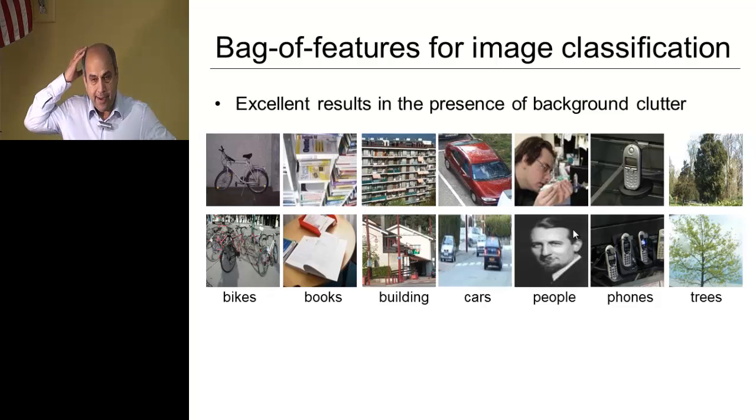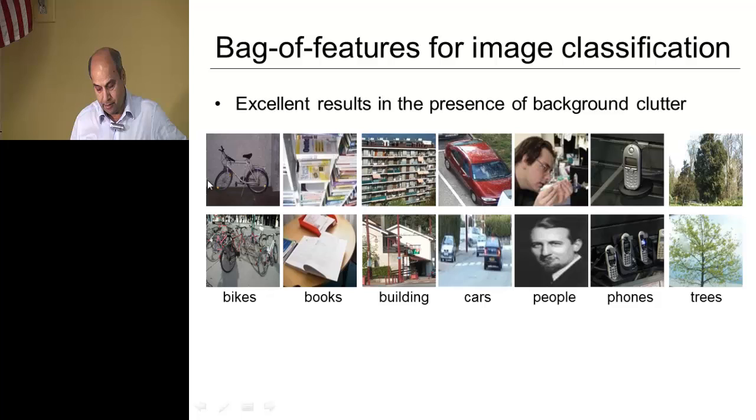Okay, so I think then we are done. We have all the pieces. We have the words, which we got from the interest binary descriptor. We did the clustering, and these are the words. Then we know how to train SVM. Now we can recognize the class. So it actually gave pretty good results, even in the presence of background.